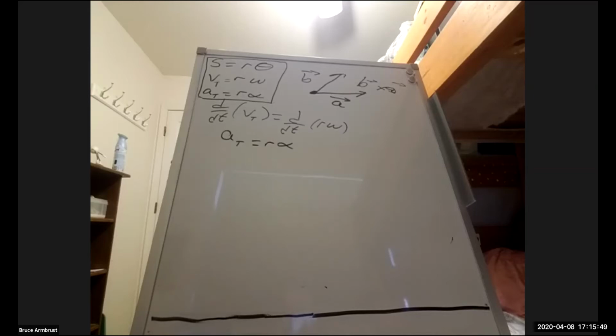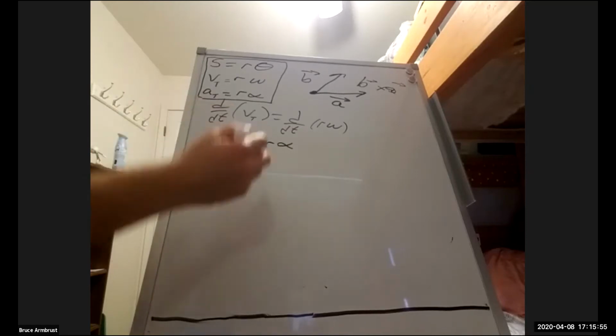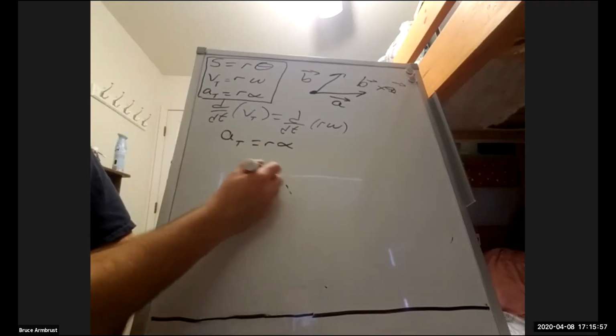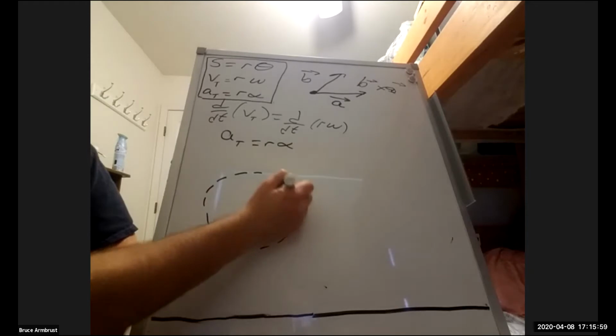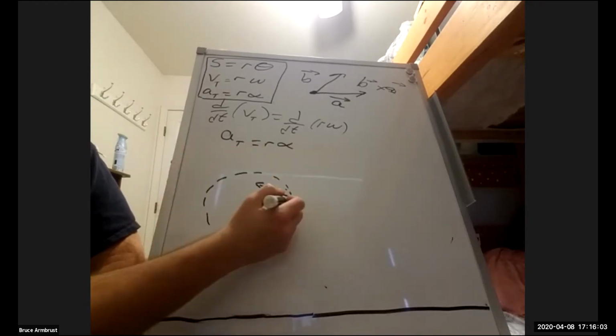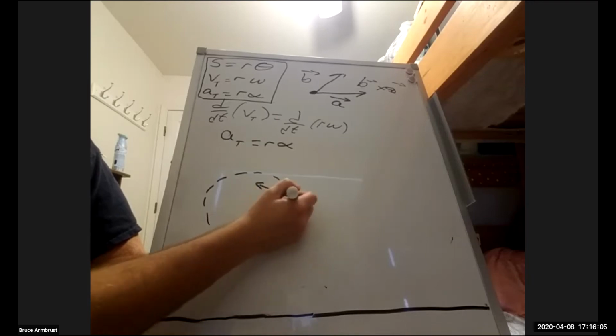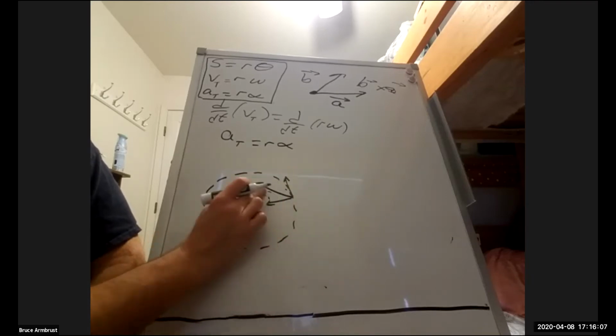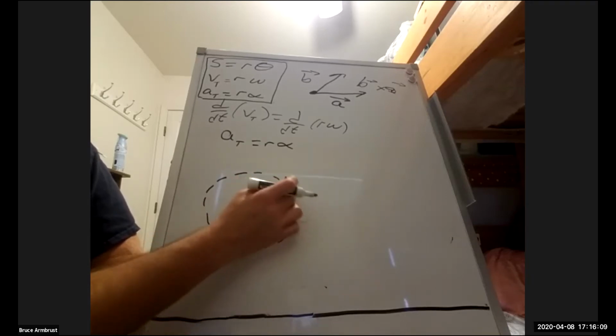Because just like velocity doesn't necessarily point only tangentially, same thing with acceleration. And so just like I did when I drew that picture before with velocity, imagine that this is our a. We still will want to break it into bits that are either tangential or radial.